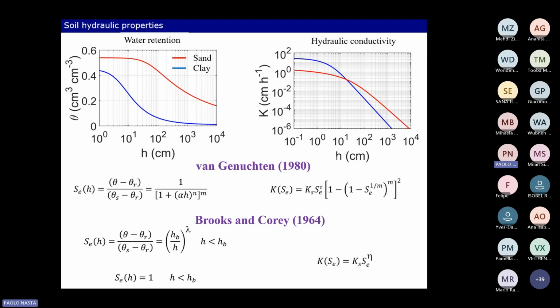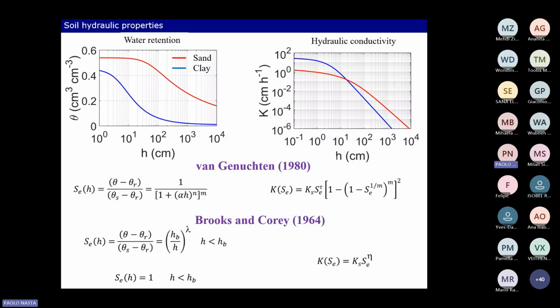So we use the famous parameters alpha, n, and so on. There is also the Brooks and Corey equation from 1964, which is interesting because its simplicity is integrated by the use of the bubbling pressure head, which is physically based. And so this equation, which is very, very simple, is very interesting.